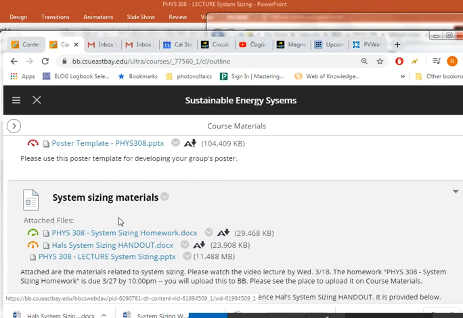And you'll see a place underneath where it will say upload here. And I'll give you some more instructions in this video as well about how to do this.